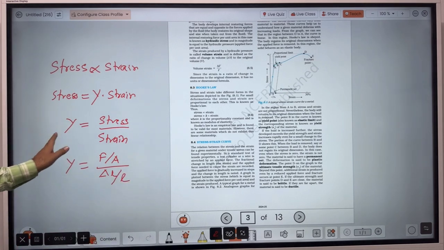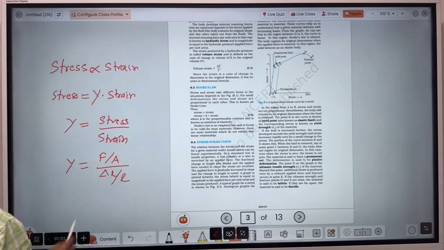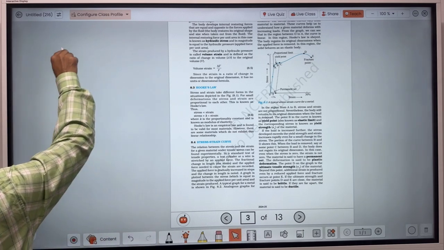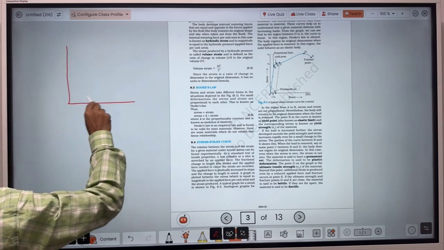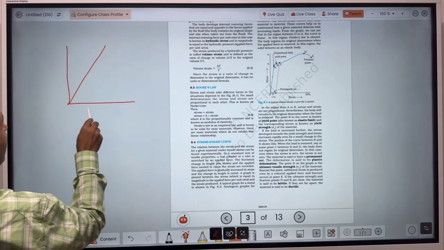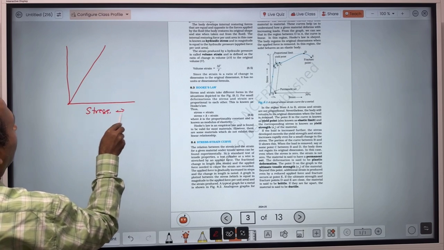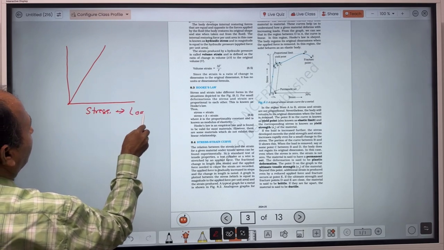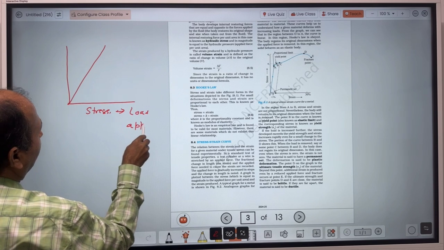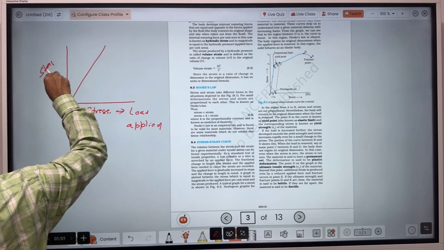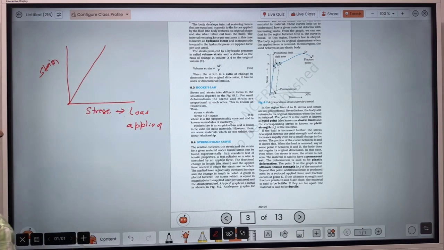Now, if we plot the graph between stress and strain, how will it look? Obviously, since it is proportional, it will be a straight line. If here we write stress, or we can write load applied, and here we write strain, then the graph will look like this.